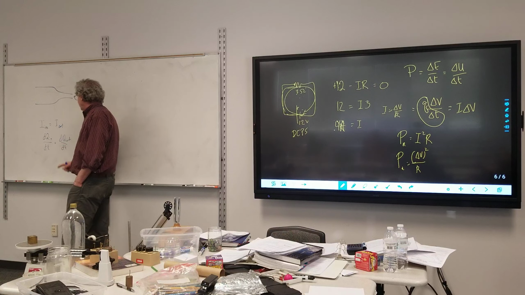This is known as continuity. One of the big principles here is that as area gets smaller, the current goes up. But this whole idea of the current into any point equals the current out of any point is rather critical for what we're about to do.